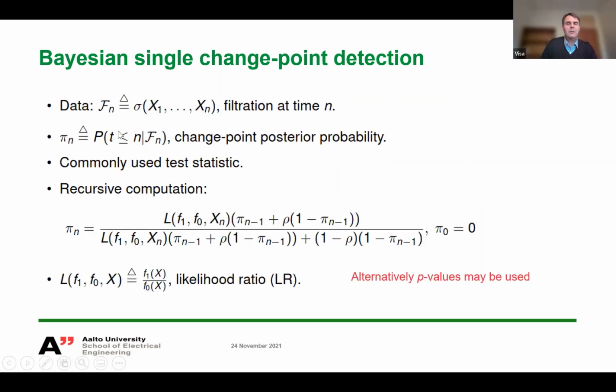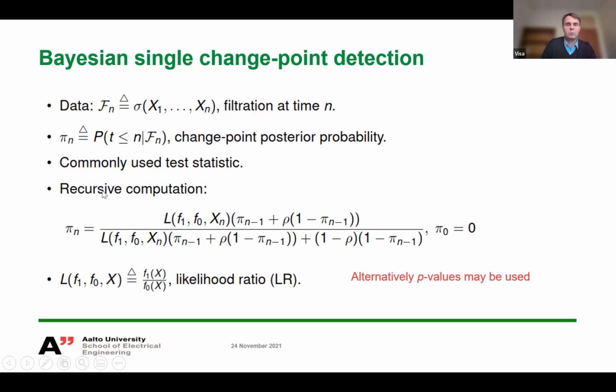In Bayesian change-point detection, what you basically do is come up with a technique to update the change-point posterior probability as you observe these data streams. What's the probability of a change after you have observed the data? For this type of real-time problem, you wish to have a recursive formula, and the recursive formula for the single change-point detection problem is given here.